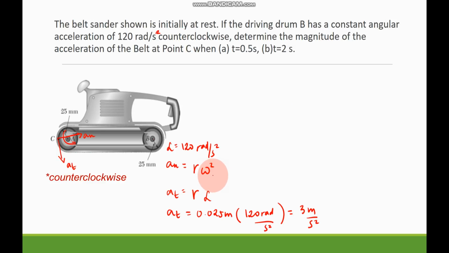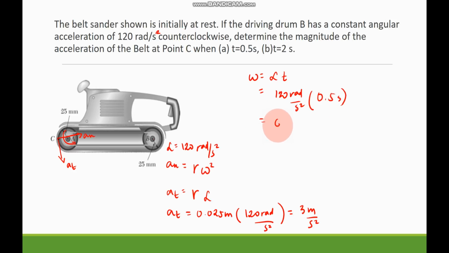For this, we will determine the angular velocity omega, which is equal to the angular acceleration multiplied by the time, right? So it is equal to 120 rad per second squared multiplied by the time, which is 0.5 seconds. So it is equal to 60 rad per second.